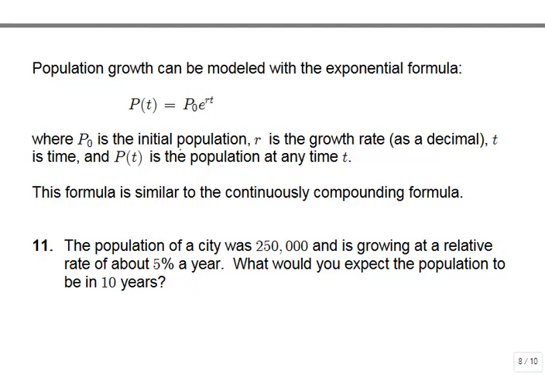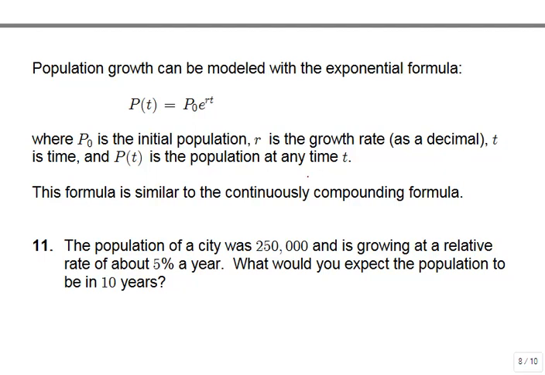P sub 0 is your initial population. So instead of your initial investment, in this scenario, now it's your initial population. Your interest rate, r, is now going to be called your growth rate, so how much this population grows, and you want to use it as a decimal. t is time, and P of t is the population at any time t.